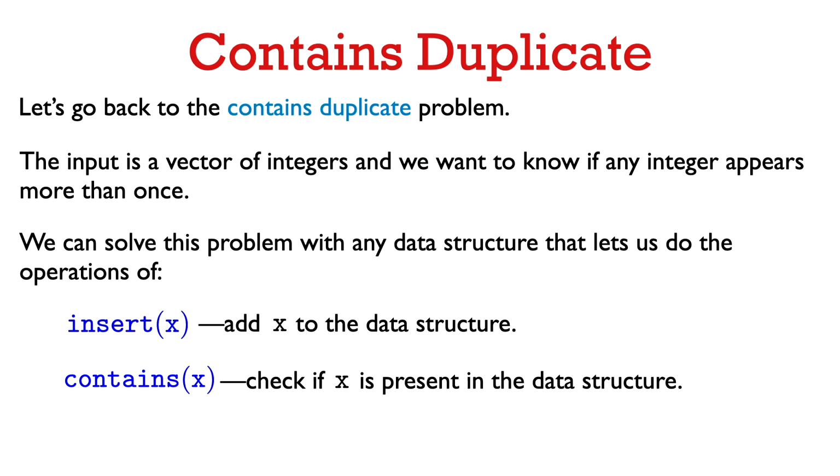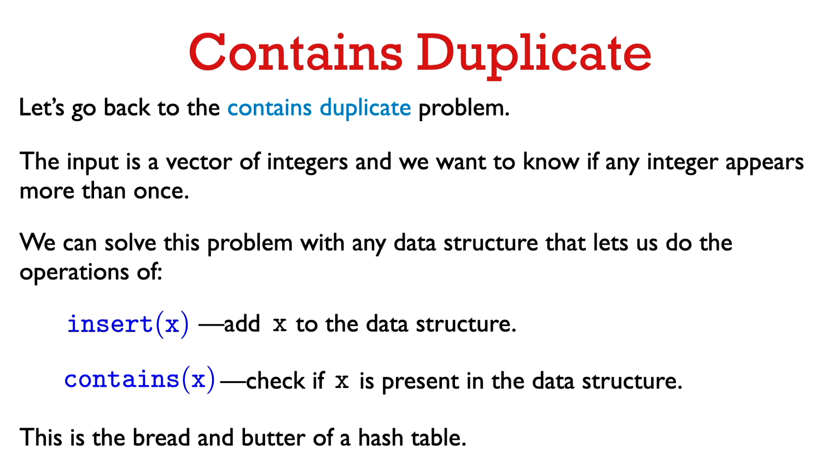If it does, then we know there is a duplicate, and we can go ahead and return true. If it doesn't, then we can insert the element into the data structure. If we make it through this pass over the entire vector without returning true, then we know that there is no duplicate. So a hash table is tailor-made to solve this problem.